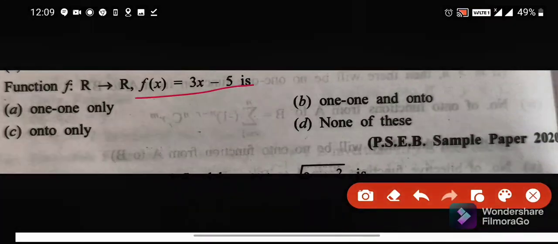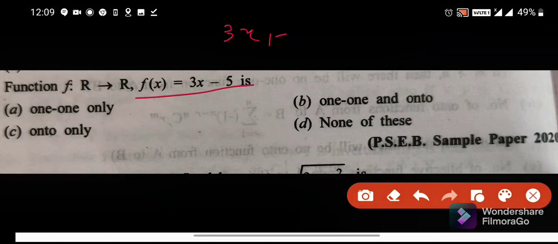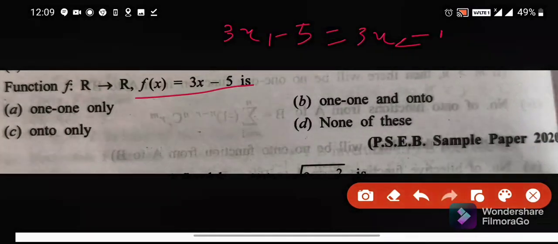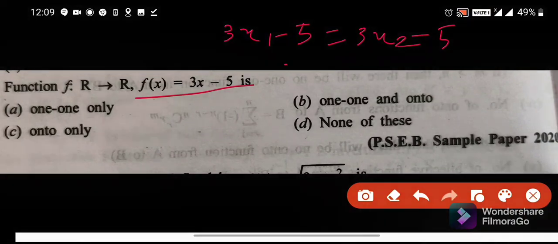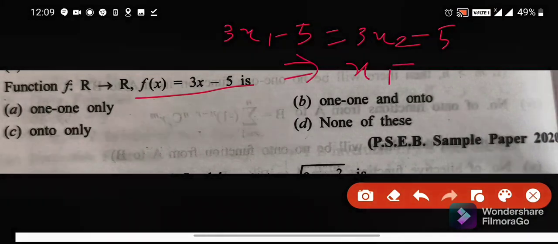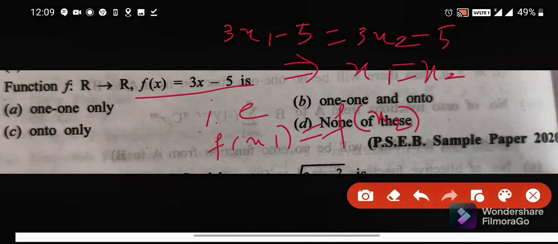Now for one-one, f(x1) is equal to f(x2), that is 3x1 minus 5 is equal to 3x2 minus 5 implies x1 is equal to x2. That is, f(x1) is equal to f(x2) implies x1 is equal to x2, that is f is a one-one function.